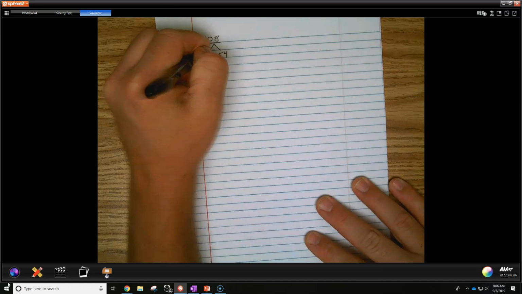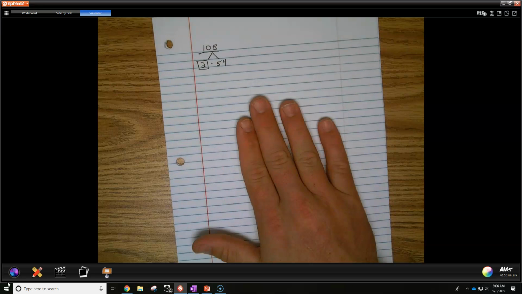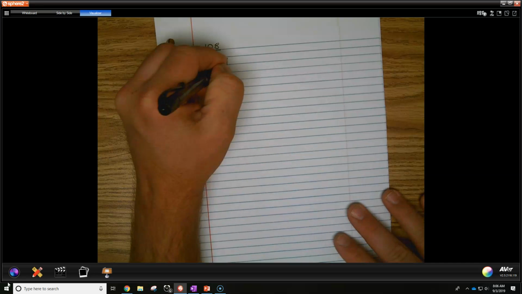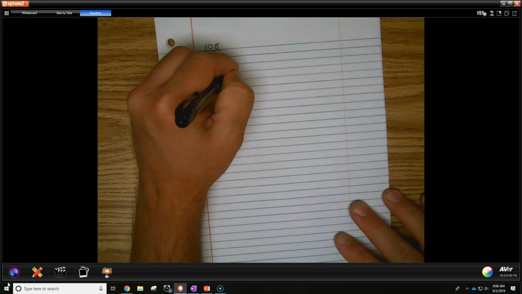So here's a hint. If you get to a prime number, we circle it. You remember I told you that we are working on writing the prime factorization? So we want to break every number all the way down till we get to a prime number. 2 is prime. Is 54 a prime number? No, it is composite. So if we have a composite number, we want to break it down.